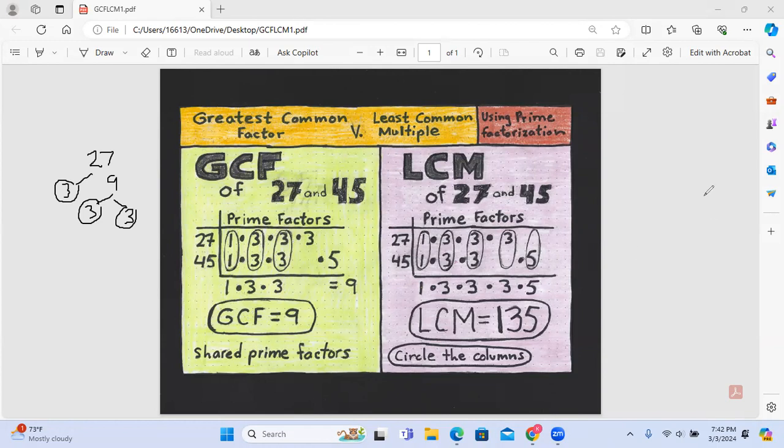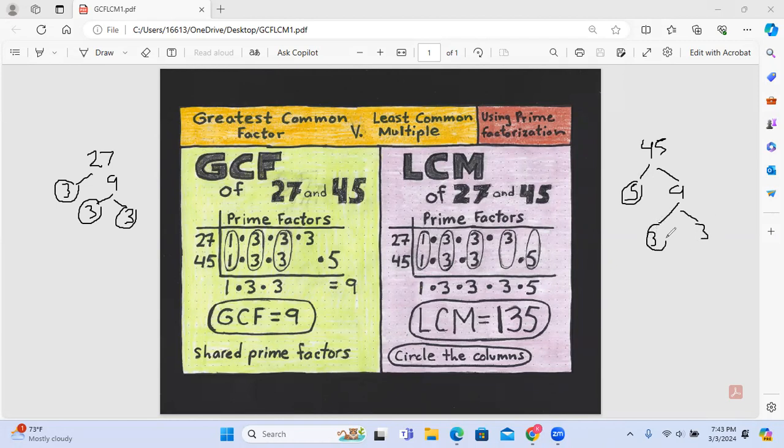Now let's try 45, and we'll put the 45 on this side. We can factor out a 5 because 45 ends with a 5, and that will be easier for us. We know that 5 times 9 will give us 45, and 5 is a prime number, but 9 is not. It is still a composite number, and we know that 3 times 3 will give us 9.